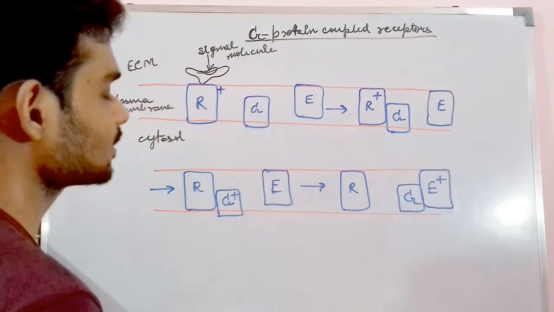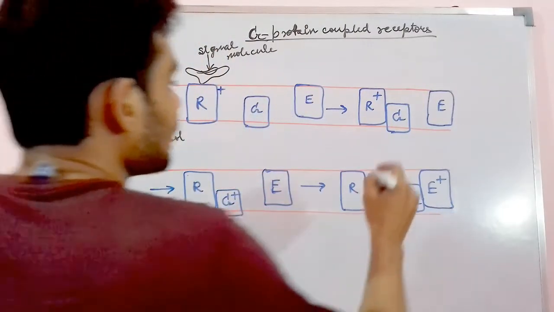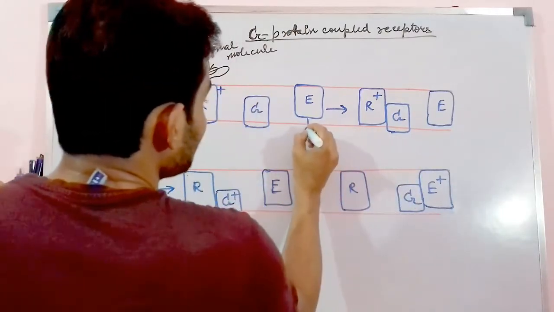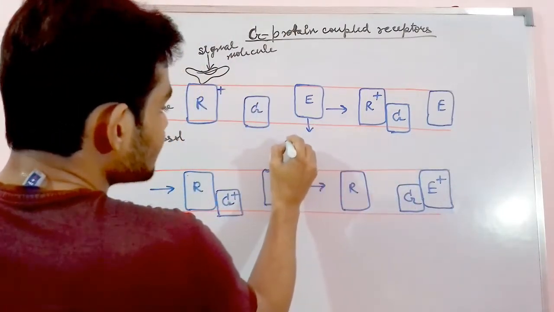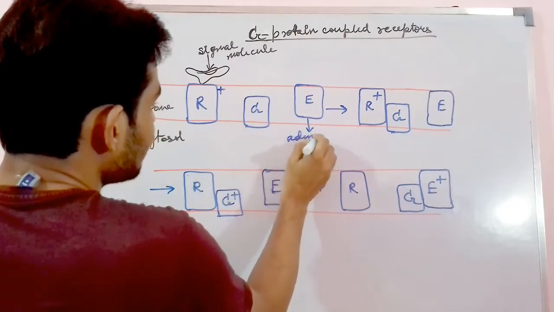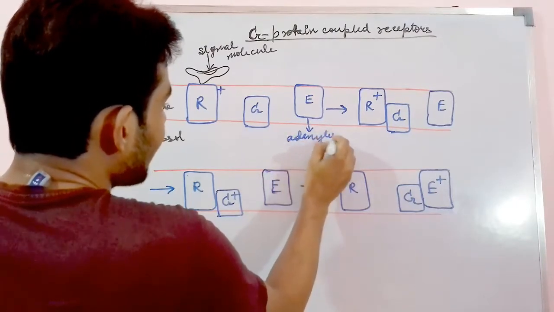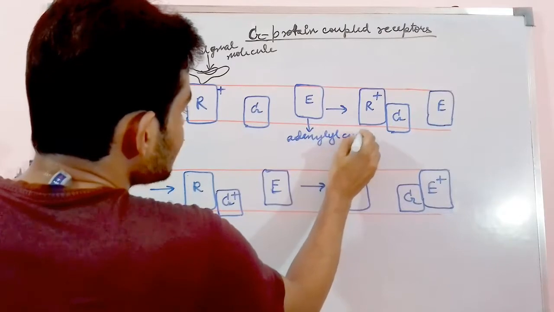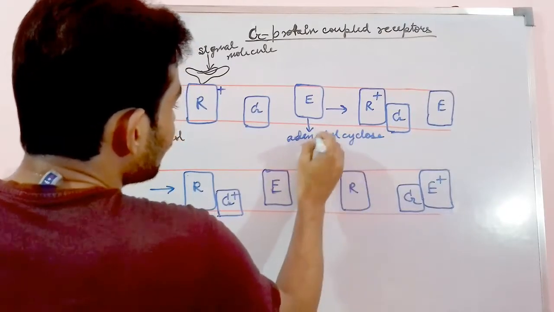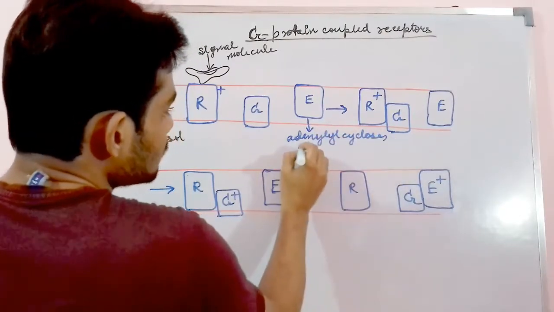Now what is this effector molecule particularly? The effector molecules here are some enzymes like adenylate cyclase, or phospholipase.